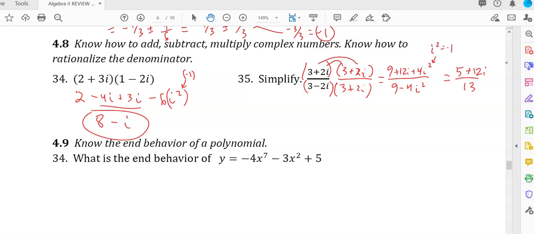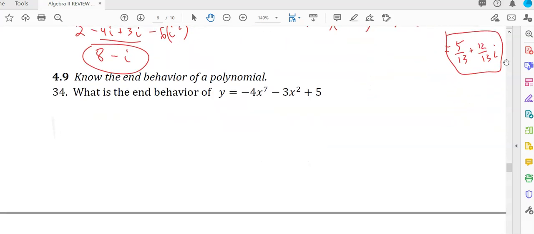So I would probably write that as 2 separate, but ideally that's 5/13, in the form a plus bi, the third form there.